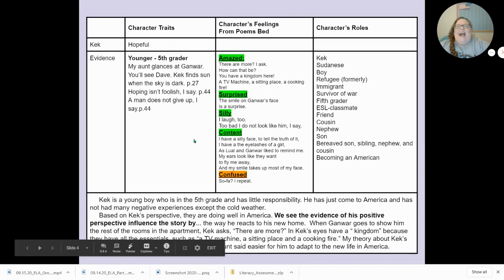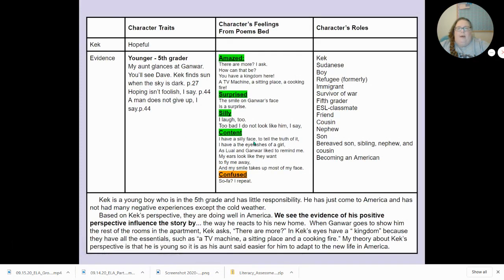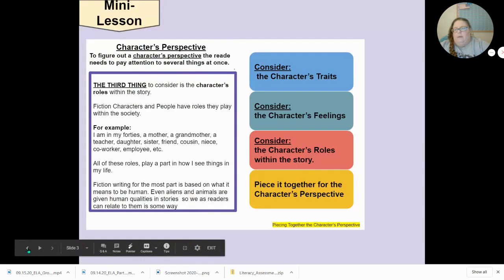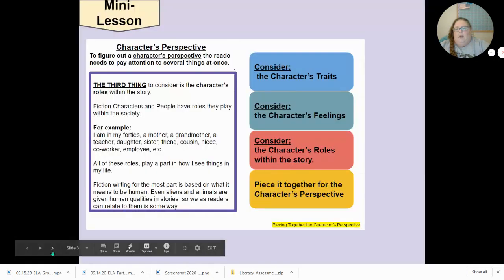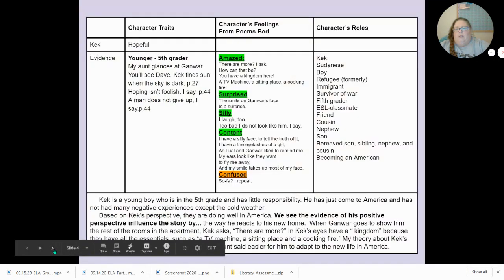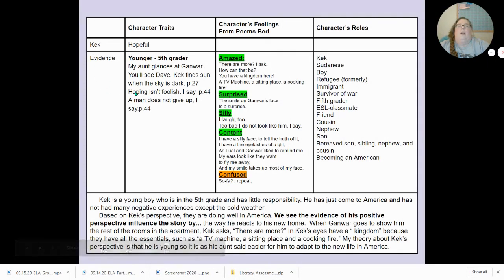So this is how your paper is going to be set up. If you remember back when we were looking at the notebook, if you turn this notebook sideways, you're going to see a graphic organizer that looks like this. So we already had the character traits from yesterday. And then we explored the feelings from yesterday.